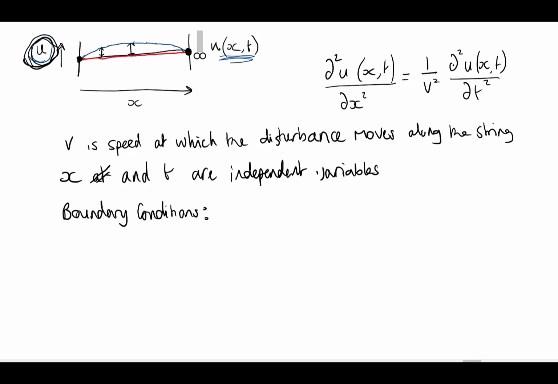The boundary conditions are that u, which is on the y-axis really, at position 0 at any time t must be equal to 0, and u, again the displacement on the y-axis at any time t, but at position L, so x is equal to L at that second wall, is also equal to 0.